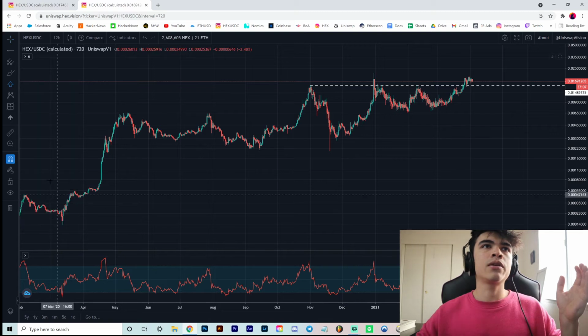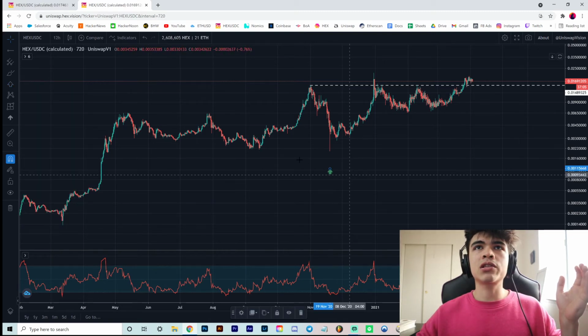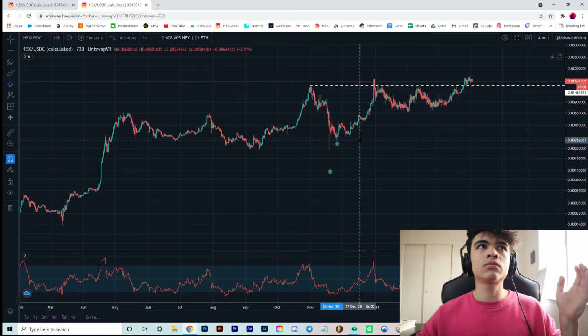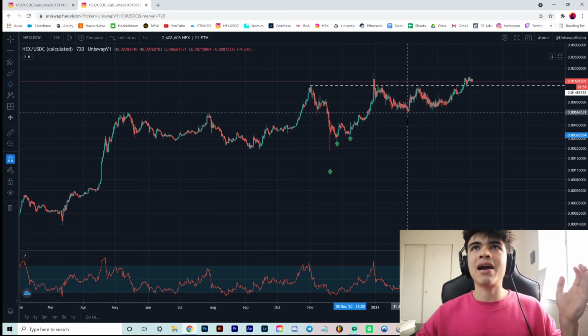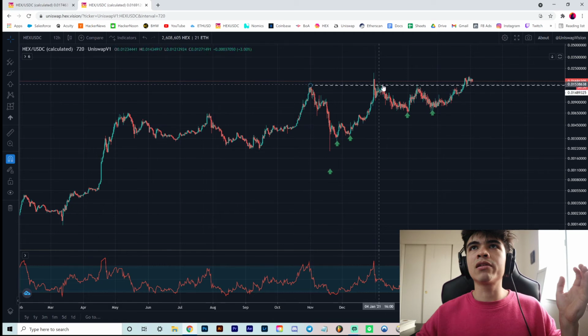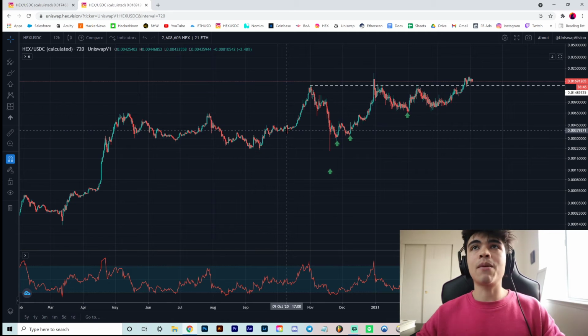We had our first low, higher low, higher low, and we keep having these higher lows while still having this level of resistance. And so you could consider this whole thing right here to sort of be a macro ascending triangle.